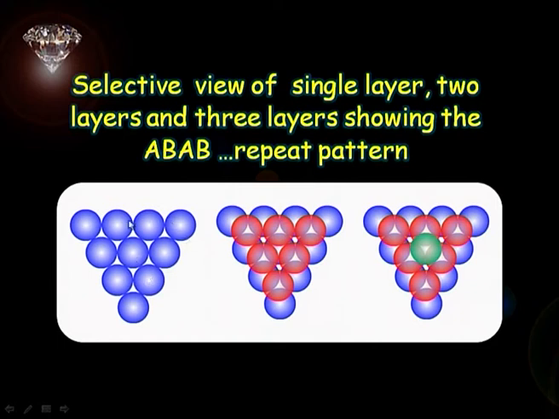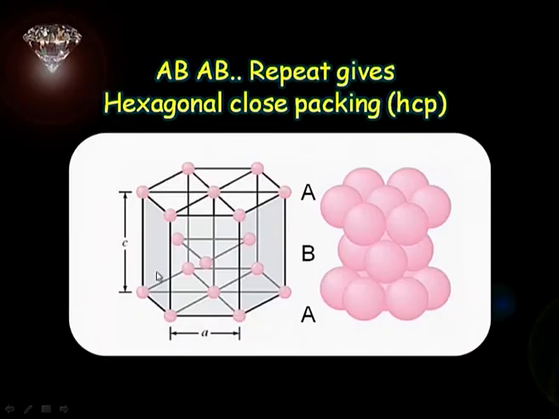So, there are a few atoms of my A layer, covered by the B layer, with some atoms shown there, and then the A layer, B layer and C layer, with only one atom there. We find that the C layer, or the third layer, is exactly on top of the first layer, and this AB repeat, as I just mentioned, gives you the hexagonal close packing structure. That is the way we represent that.